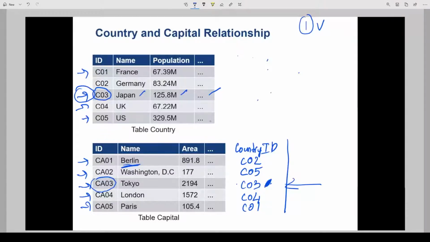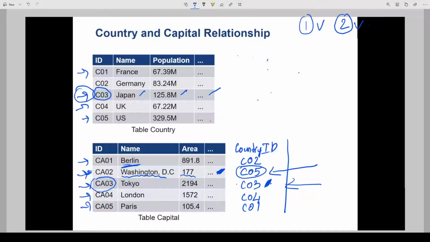How about from the country ID, for example, C05, can we retrieve the capital? Yes, we can. From this row, we can get the name, the area, and all the other attributes of the capital. It means that we can store the relations too. So this option 2 is fine too.